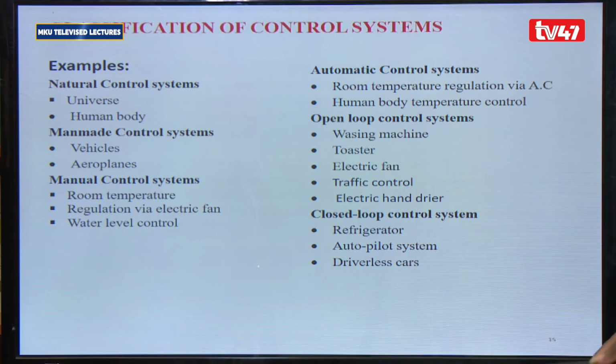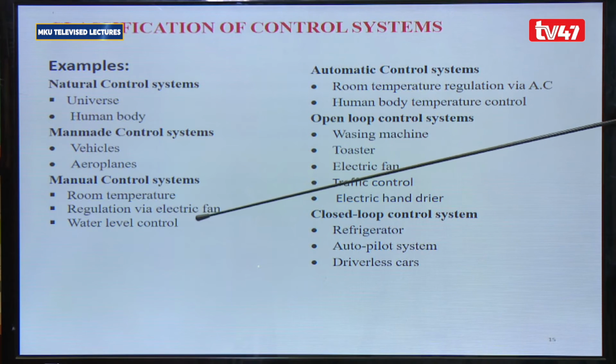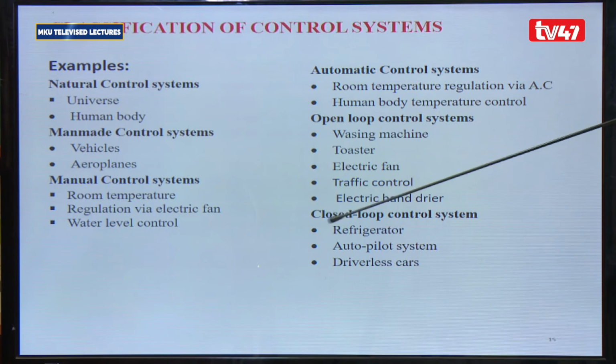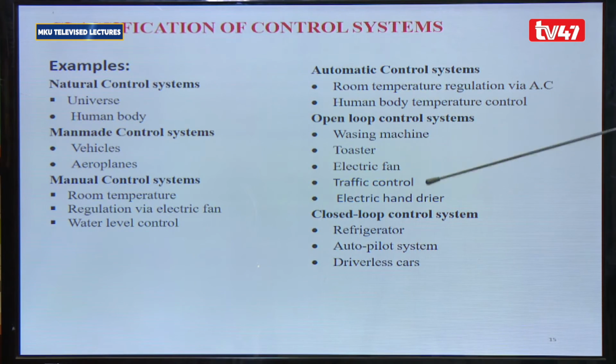So you find they are interrelated. We can have a regulation via an electric fan, and here we also have the electric fan. So they are almost the same depending on how you are trying to use it. And the closed loop is like automatic. You do not require an operator to switch it on or off. It will automatically regulate itself.